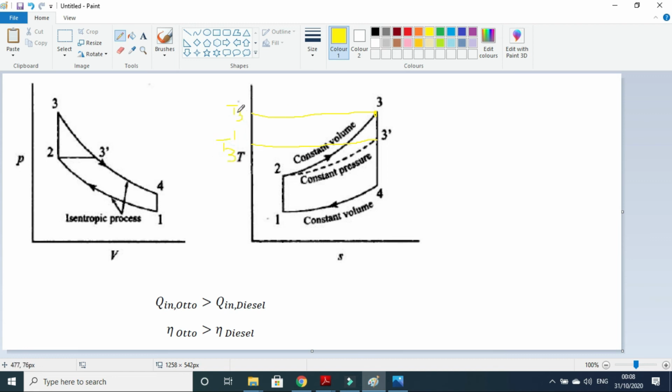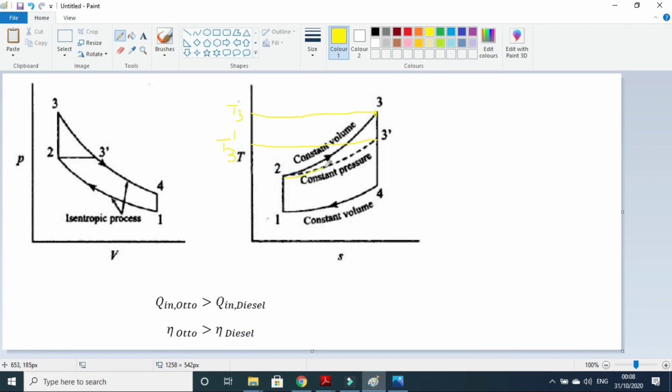So the constant volume heat addition temperature is higher than the constant pressure heat addition temperature. The reason is that if you do constant volume heat addition, then all the heat will be used to raise the temperature of the working fluid. There will be no work done. That is why T3 is higher.